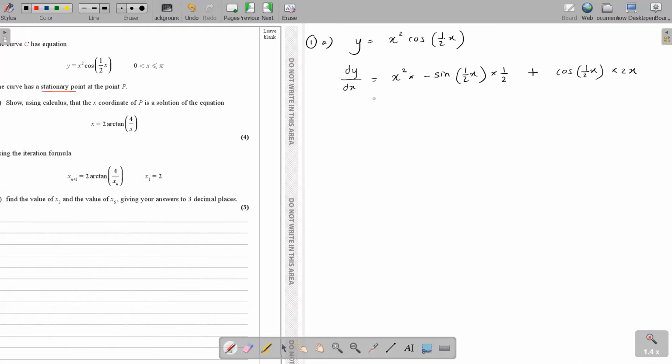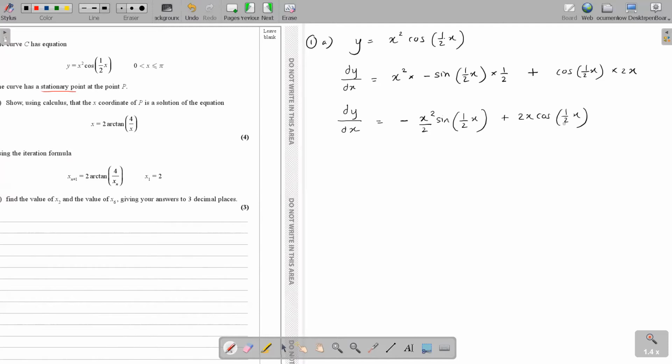Let's simplify it a little bit, make it equal to 0 and try to show the result. It's 4 marks. So dy by dx equals negative x squared over 2 sine half x plus 2x cos half x.